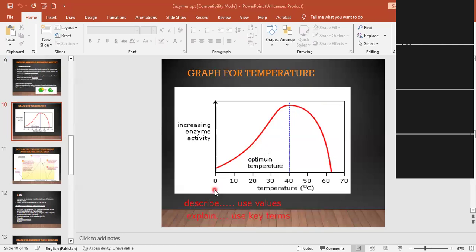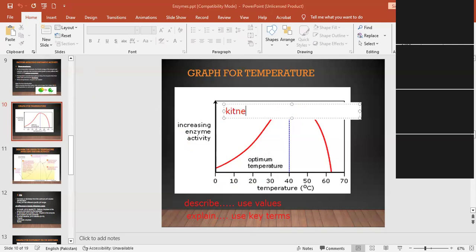At 0 the enzyme activity was inactive. As the temperature is increasing, after every 10 degrees centigrade the enzyme activity is also increasing as the kinetic energy is increasing. Now what key term came here? Kinetic energy.